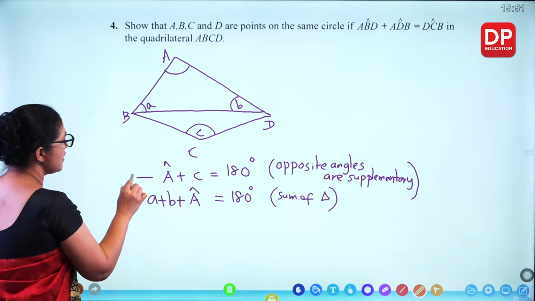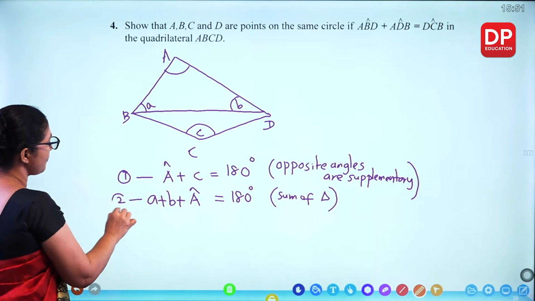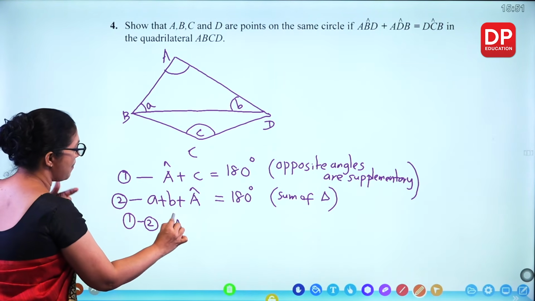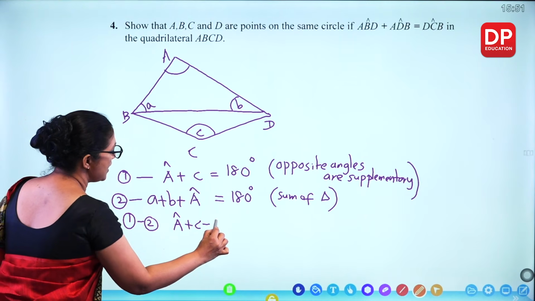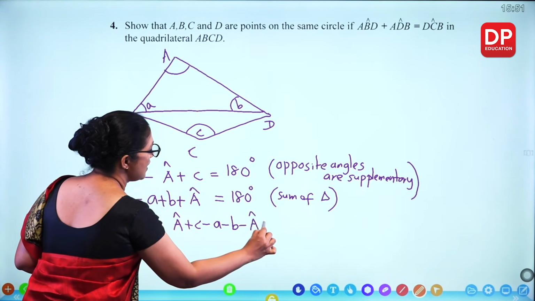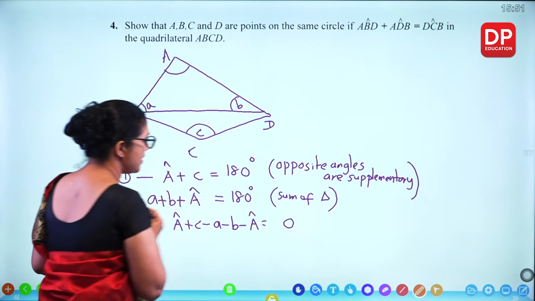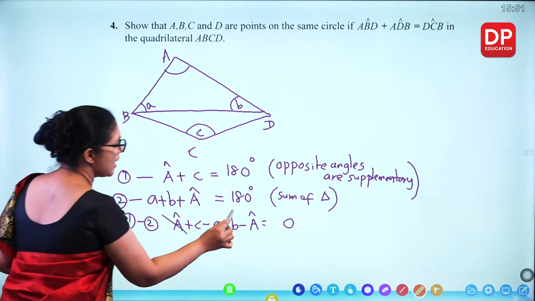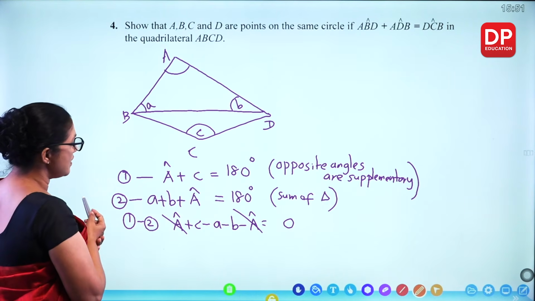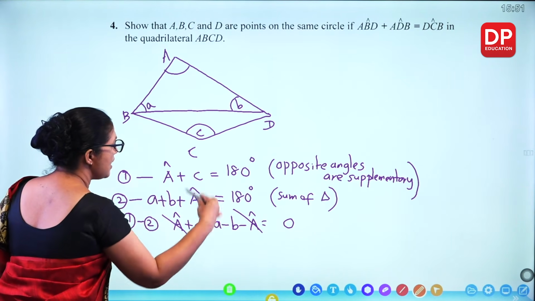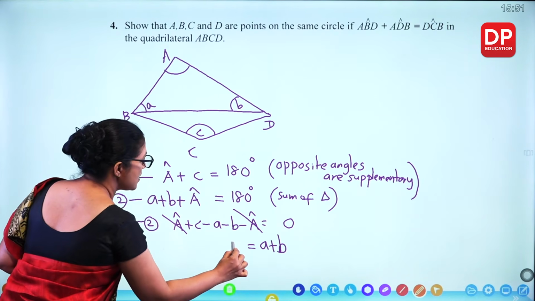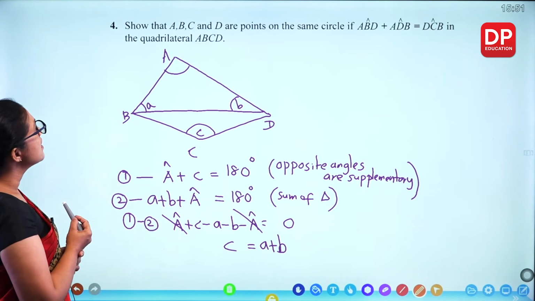Now we'll subtract these two. 1 minus 2. We get A plus C minus A minus B minus A is equal to 180 minus 180, which is 0. The A's get cancelled out. I can take A and B to the other side. A plus B equals C. So what is C?